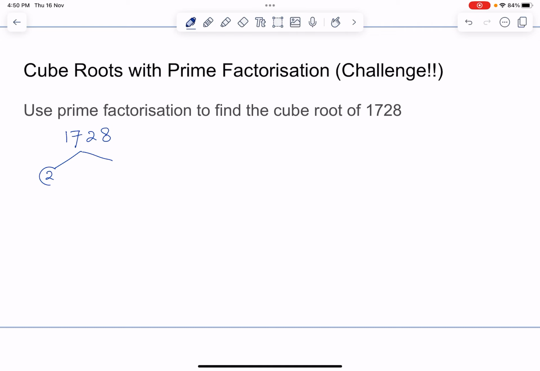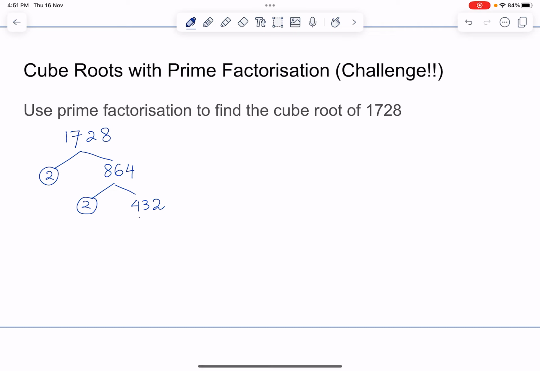So again, we will split this into 2 times 864. Okay, and then afterwards we split one more time, 2 times, so that's 432.